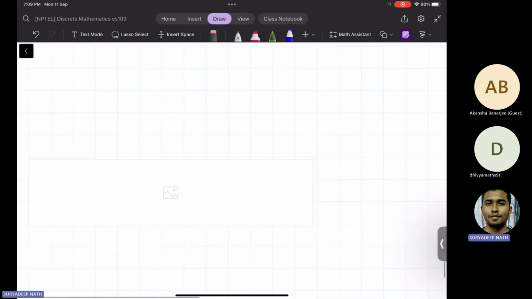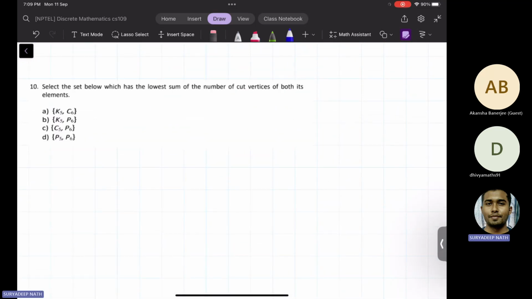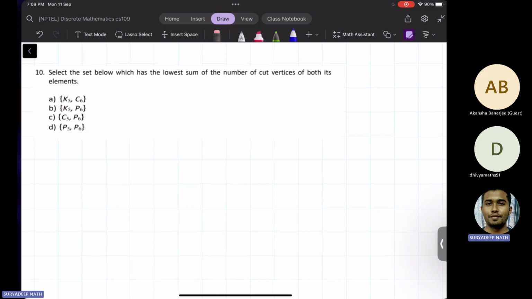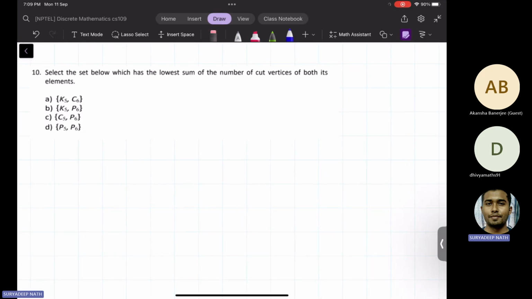Okay, coming to the final question of our discussion. Select the set below which has the lowest sum of the number of cut vertices of both its elements.